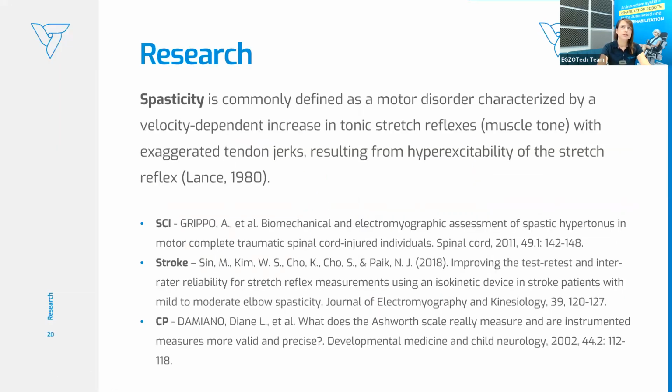And what's the literature saying about this? So there are a couple of works done on spinal cord injury, on stroke, on cerebral palsy patients, when they were trying to see if you can quantify the spasticity. A lot of it is still ongoing research.